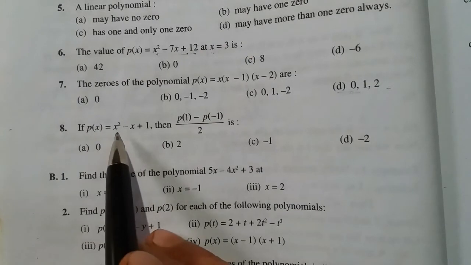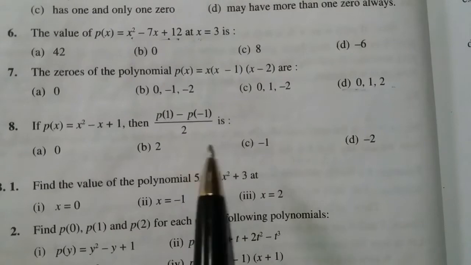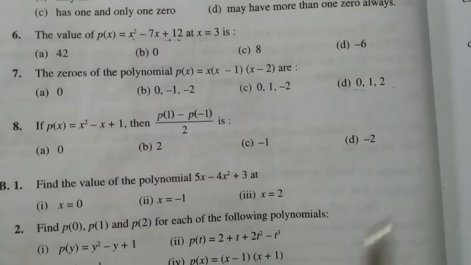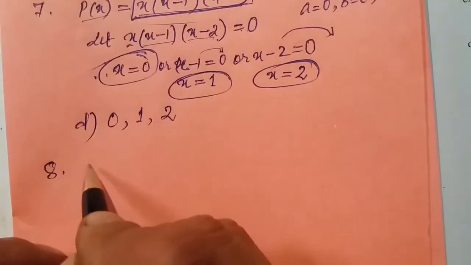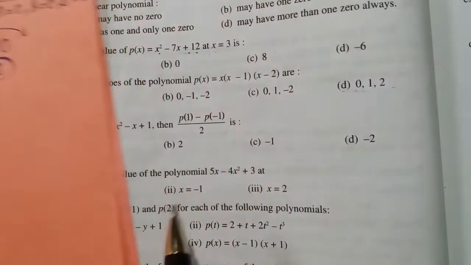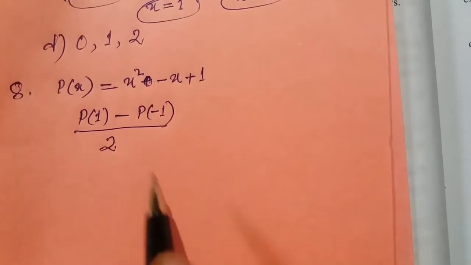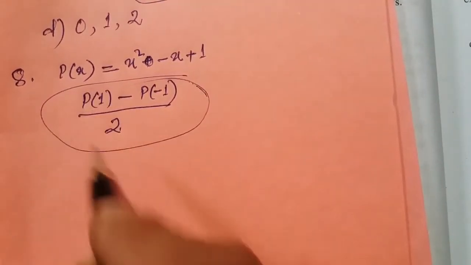If P(x) is equal to x square minus x plus 1, then P(1) minus P(minus 1) by 2 is, okay, so let's write the polynomial here. P(x) is equal to, and we're going to find out the value of this. So first let's find out P(1).